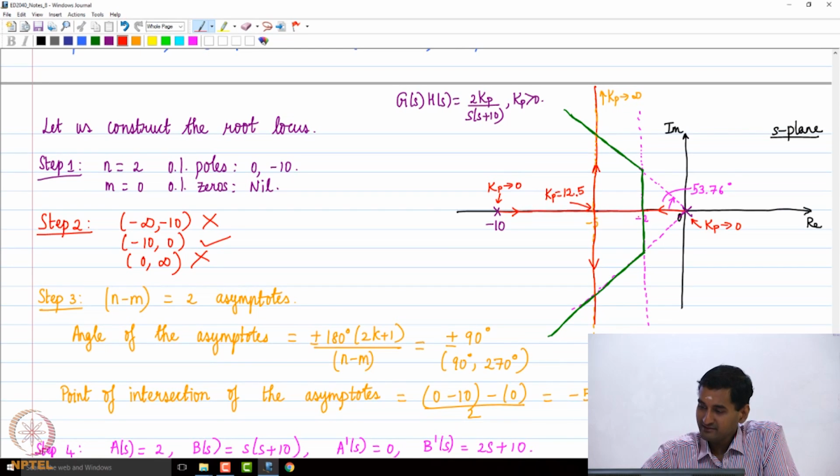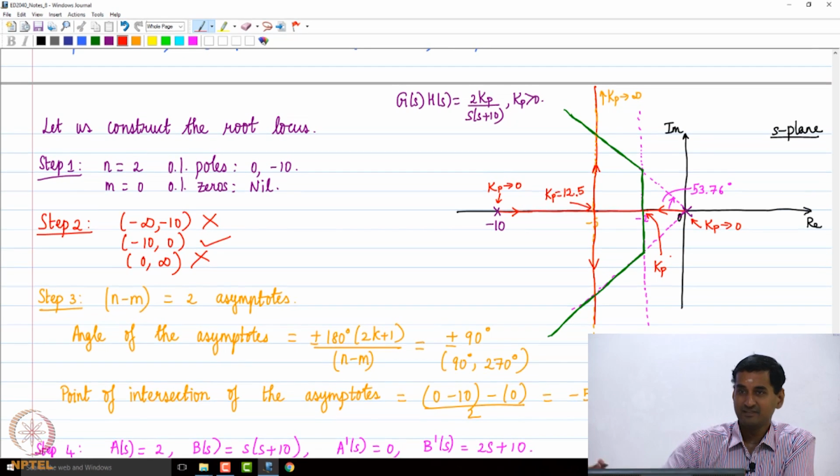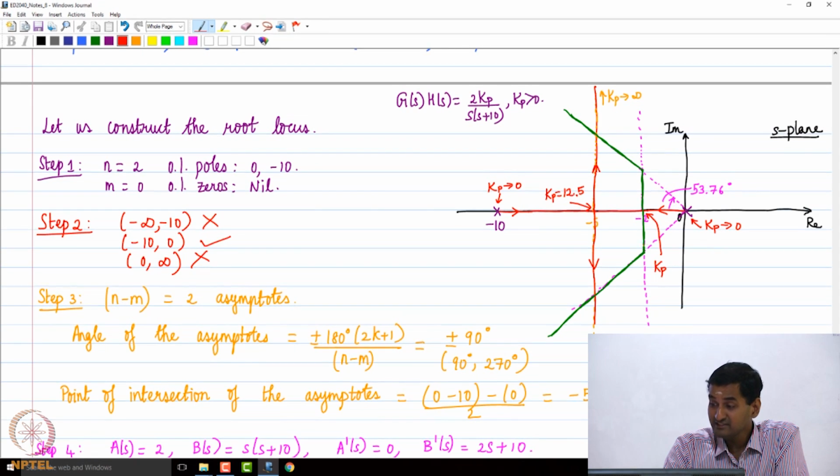First, I need to find the value of Kp at -2, right? Because one branch of the root locus starts from 0, keeps on coming to the left as Kp keeps on increasing, and it comes within this performance region only when it crosses -2, right? S equals -2. So how do I find the value of Kp at S equals -2? Obviously, I substitute S equals -2 in the closed loop characteristic equation.